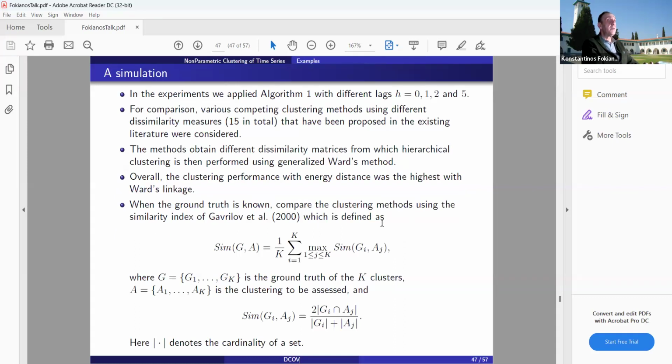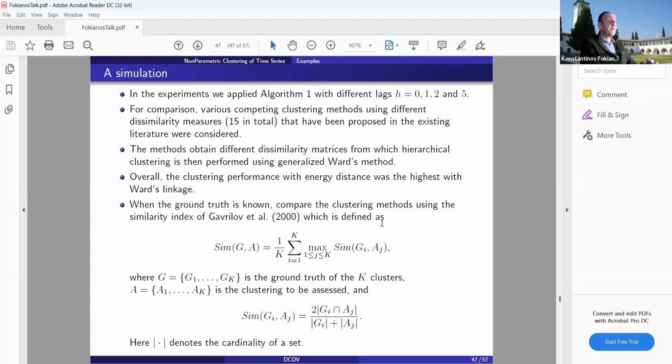Okay, so let's take a simulation to see if this works. We applied algorithm 1 for different lags, 0, 1, 2, and 5. We competed against 15 different methods. As I will show you, the clustering performance with energy distance was the highest with Ward's linkage.